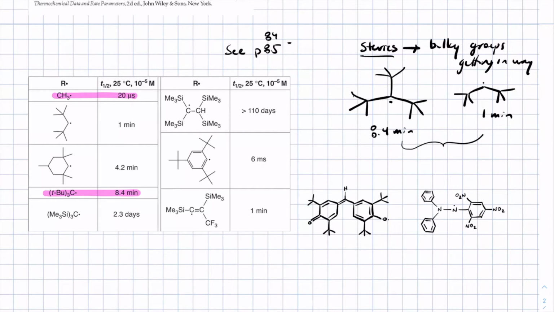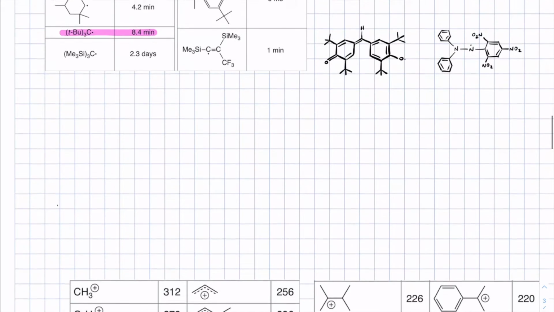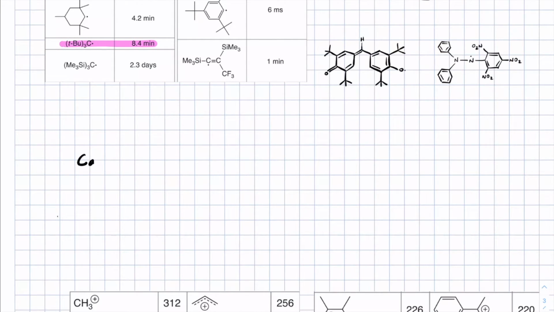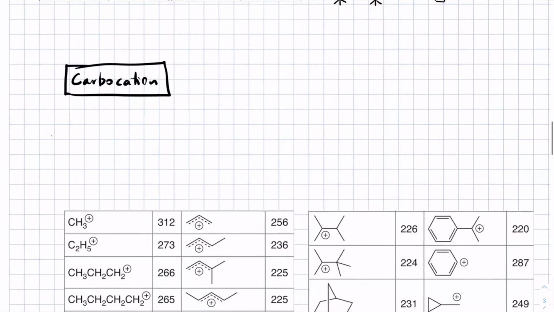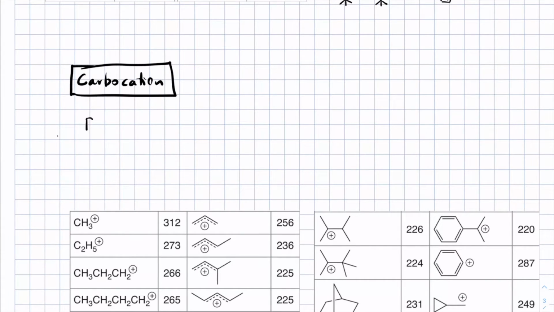All right, with that, I want to talk about carbocation stability. For carbocations, instead of bond dissociation enthalpy, we're going to need a different measure because carbocations are different from radicals. So the measure for carbocation stability will be the change in enthalpy for this heterolytic bond cleavage between a carbon and a hydrogen to leave the carbocation, or carbenium ion, and a hydride.